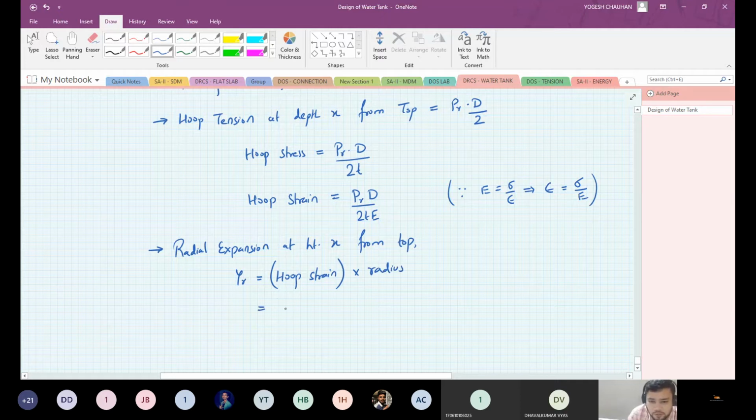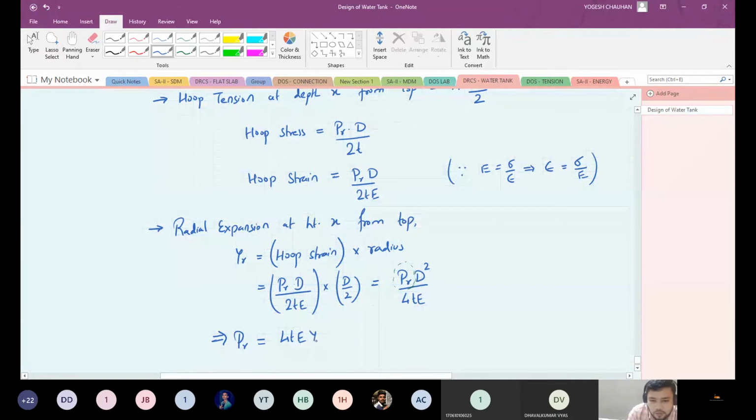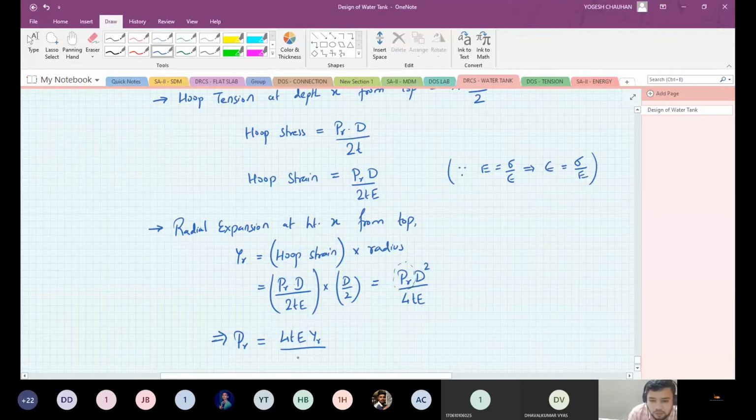The hook strain is Pr d by 2 T E, and the radius is d by 2, so it can be written as Pr d square upon 4 T E. Let us transform this in terms of PR, so PR is equal to 4 T E into YR divided by d square.